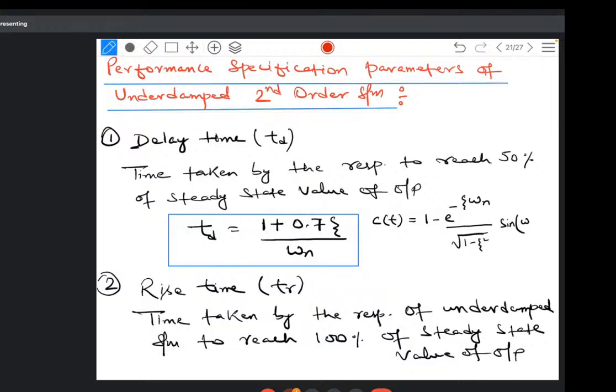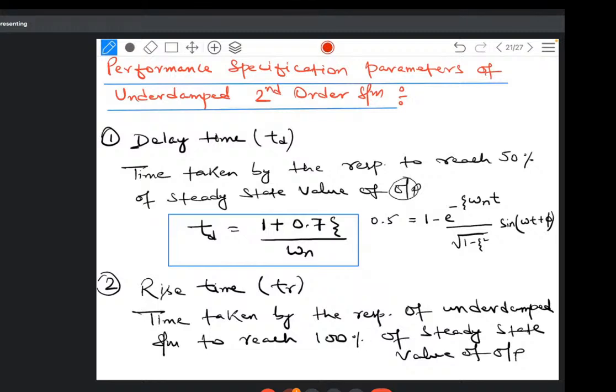So this is my expression of C(t). This is how I express the unit step response of a second order underdamped system. Now, if you want to find the value of delay time Td, I know that it is the time at which the response will reach 50%, that is 0.5, of the steady state value of output.